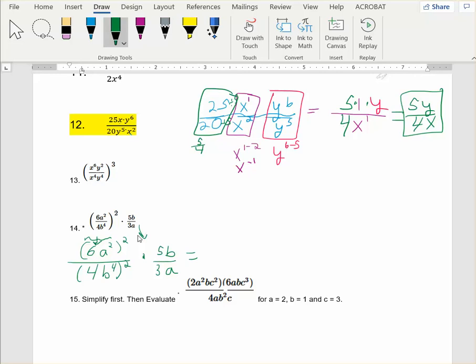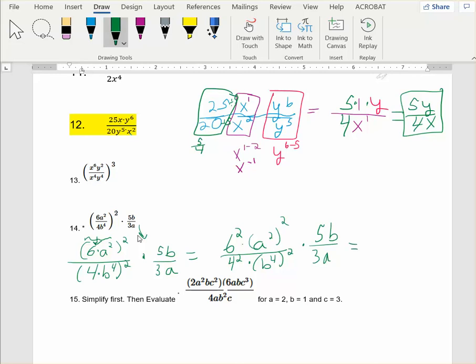So I have to take the 6 to the 2nd power because that's one of the factors of this. And I have to take a squared to the 2nd power. In the denominator, I have to take the 4 to the 2nd power. And I have to take b to the 4th to the 2nd power. And then again, this is still 5b over 3a that I'm multiplying by this.